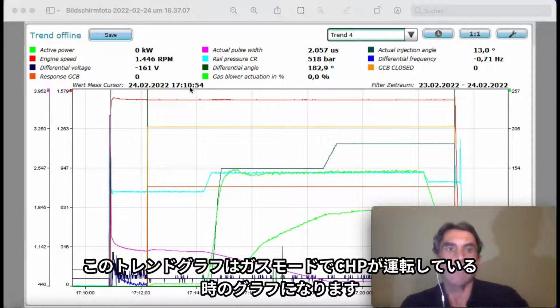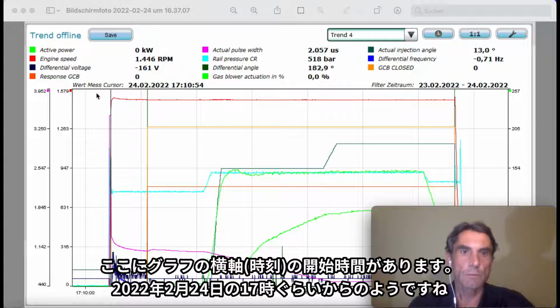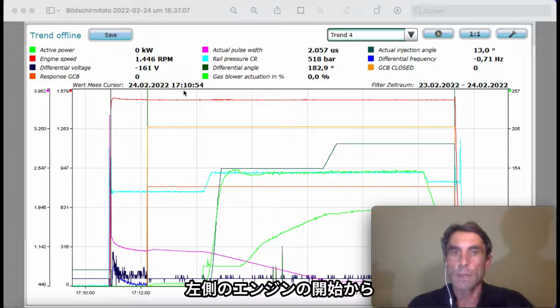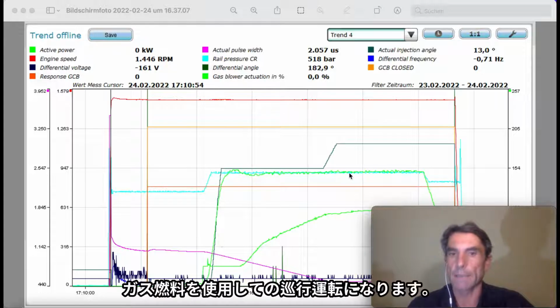Okay, so here we have to understand. I have done a screenshot of one of the gas operations. This is a screenshot from the 24th of February 2022 at 5:10 p.m. And we can see here the whole process from start, synchronization, warm up, and load operation in gas mode.